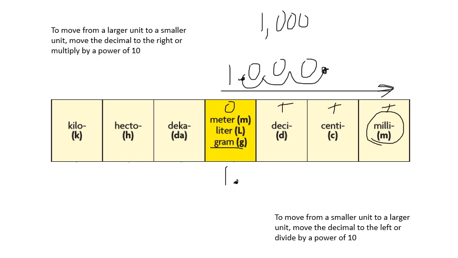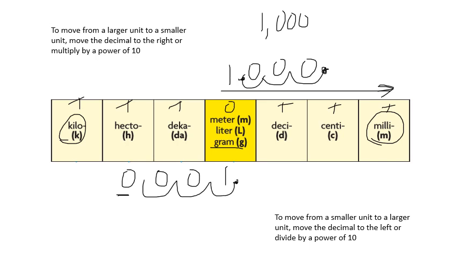Now, if I wanted to move my grams, my 1 gram, and I wanted to figure out how many kilograms I have, it's the same thing. I know that there are 3 powers of 10 between grams and kilograms. So I have to move my decimal 1, 2, 3 times. So let's do that. 1, 2, 3 times. And I'm going to put zeros in each place.